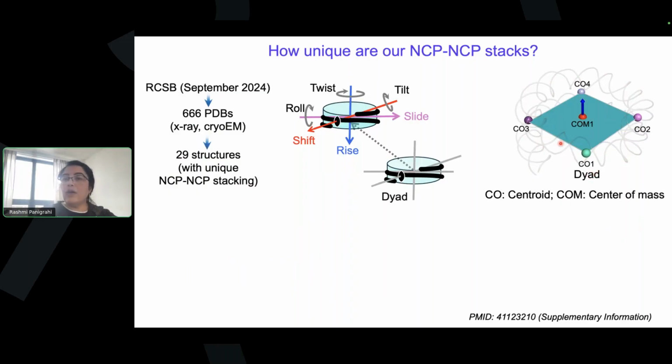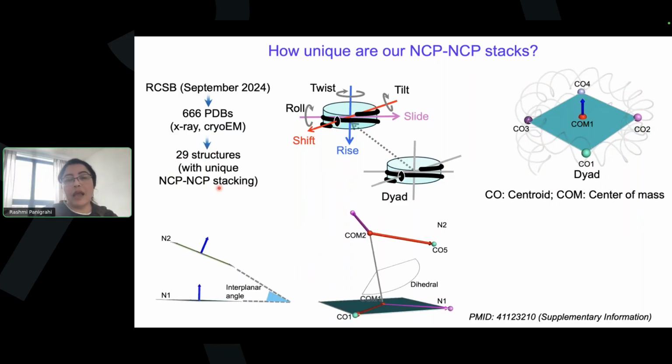And so now we have a plane over here which slices the nucleosome. Imagine this plane being at the center for NCP1 and NCP2. When we have two planes, we can actually calculate how NCP2 is oriented with respect to NCP1.